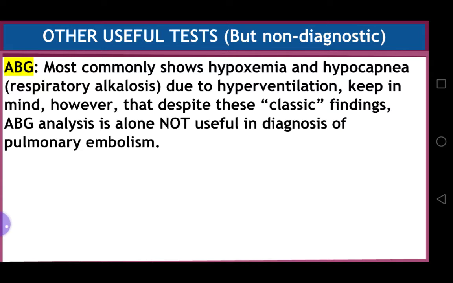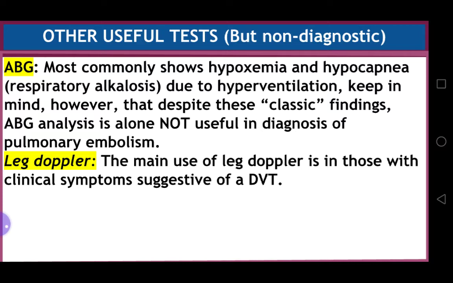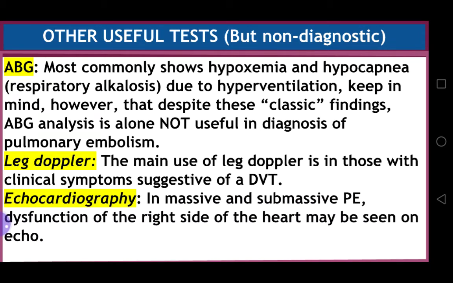But keep in mind that despite these classic findings, arterial blood gas analysis alone is not useful in diagnosis of pulmonary embolism. Leg Doppler is another useful test in this setting. The main use of leg Doppler is in those patients who have clinical symptoms suggestive of a DVT. And then echocardiography: in massive and submassive pulmonary embolism, dysfunction of the right side of the heart may be seen on echocardiography.